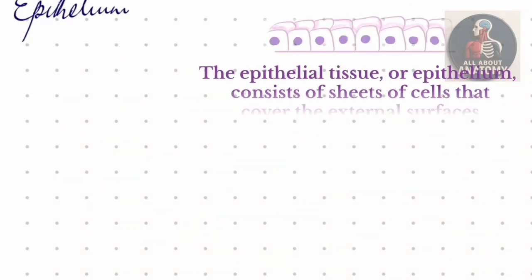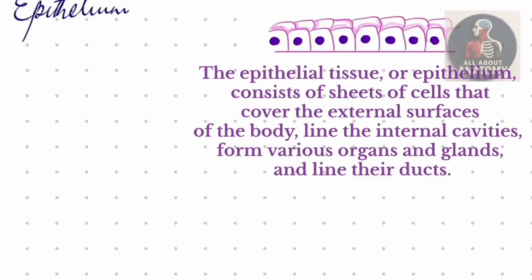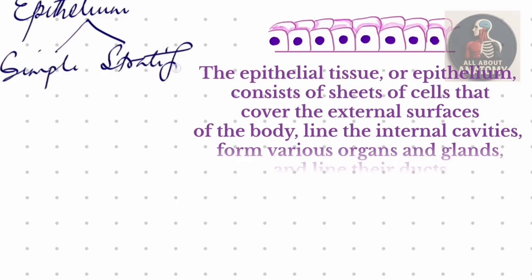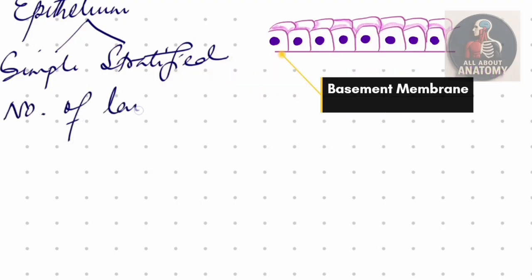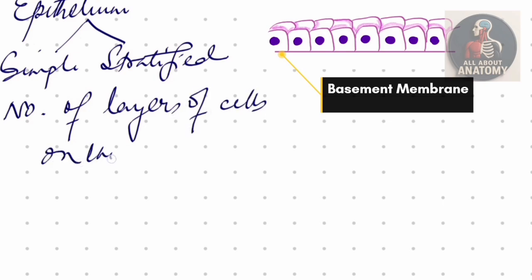Epithelium. Epithelium is simple and stratified. This is based on the number of layers of cells on the basement membrane.